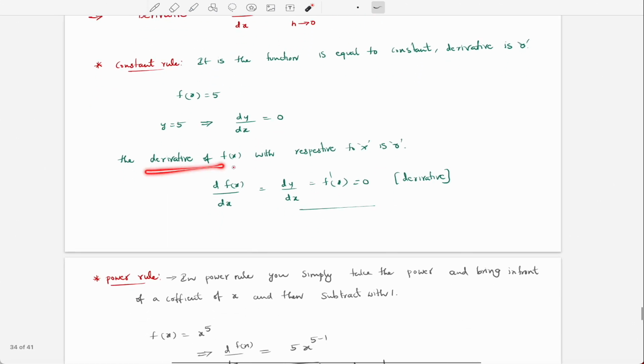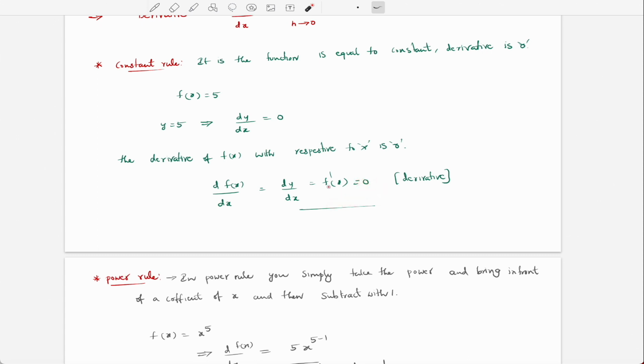So the derivative of f of x is 0. We can say that the derivative of a constant is equal to 0. I hope you're getting it. We can write it in many ways, like dy by dx, or d f of x by dx, or f prime, all are equal to 0, since it's a constant here.